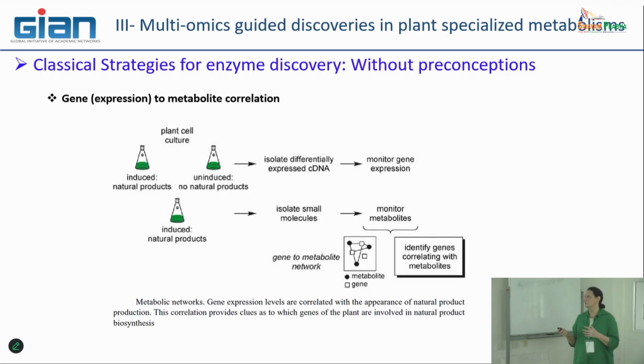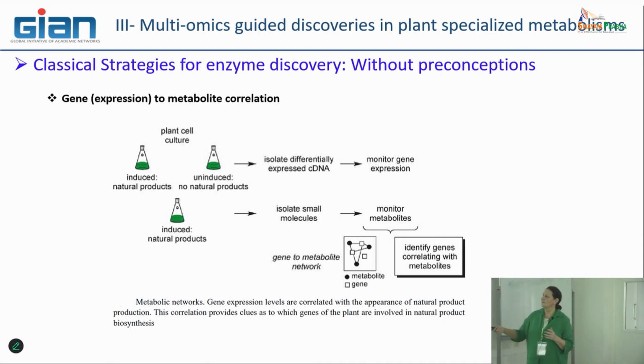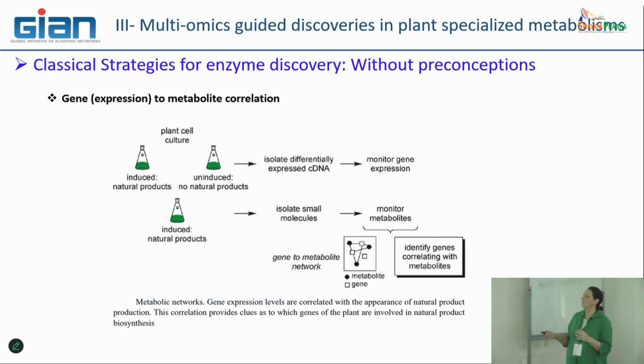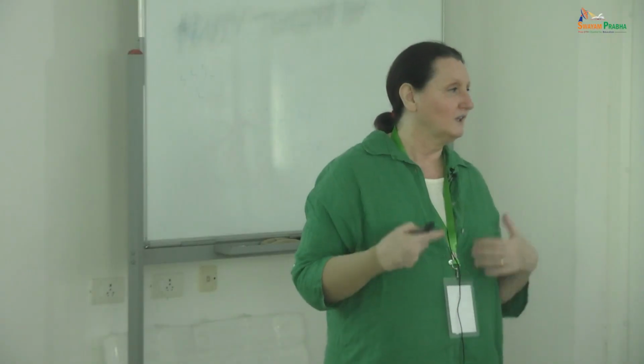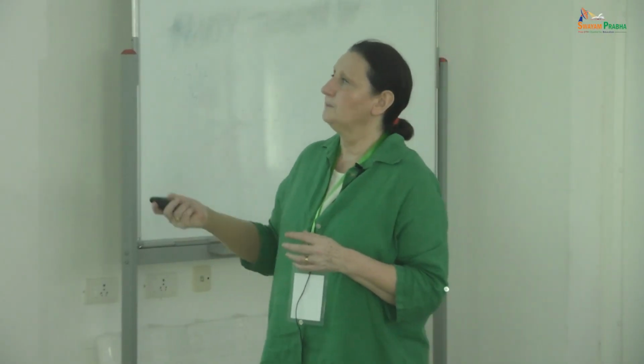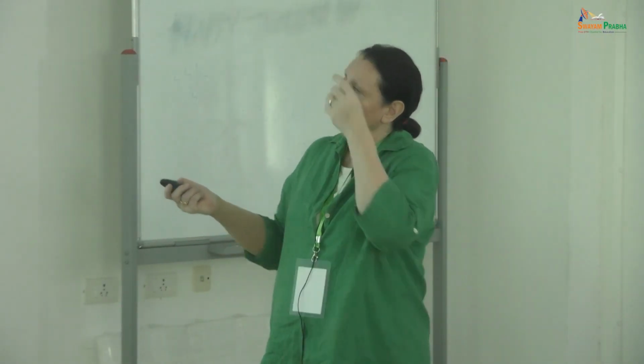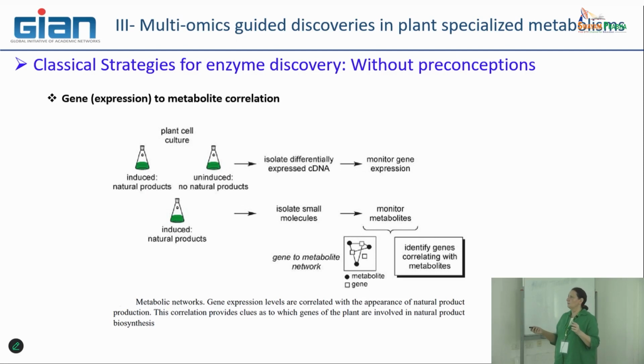What is also interesting is that if you have also isolated all the small molecules, meaning you have done some metabolomic study, you can monitor the gene expression and the metabolite expression to make what we call the gene-to-metabolite network.